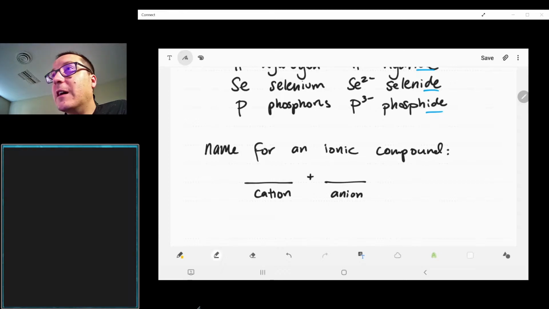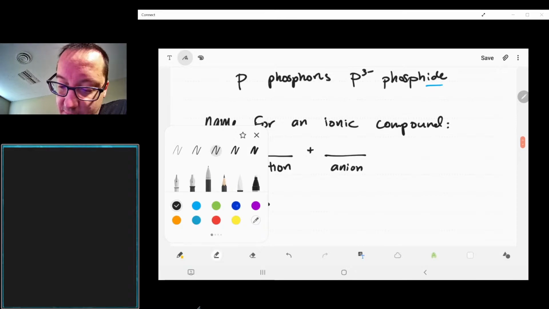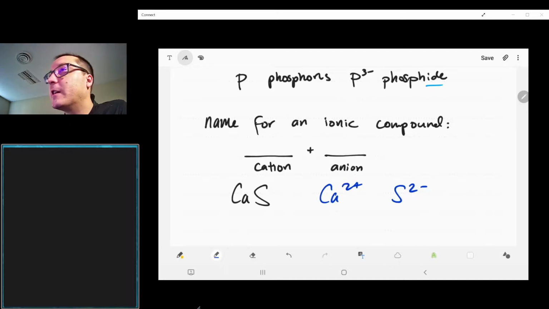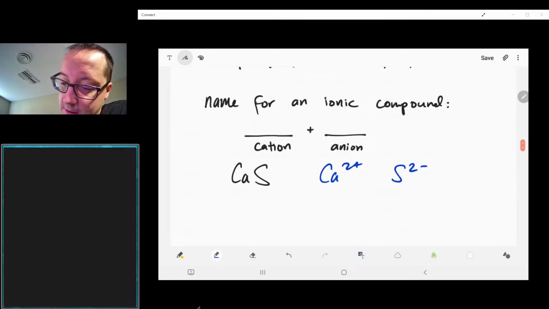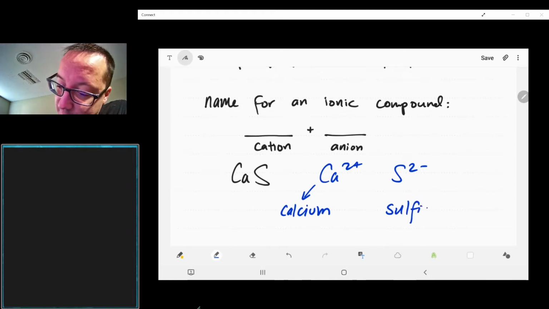So let's say it's this particular one, made of these two particular ions. This one's name is just calcium. We don't change the name for the positive ions. And this one is going to be sulfide. So we would say that the name of the compound between them is calcium sulfide. Hooray.